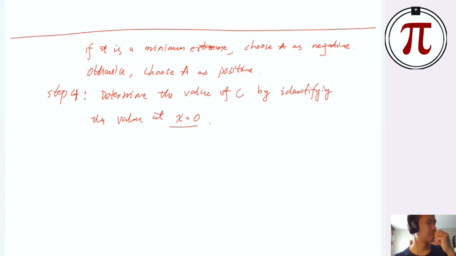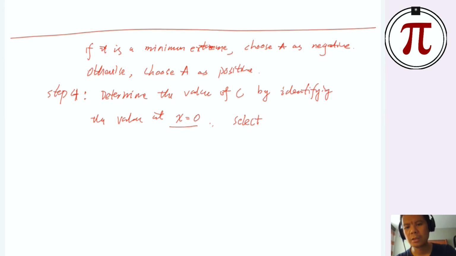Okay, so we will have that. All right, this is going to be step 4. For C, we just set x equals 0, and we solve for C. We plug in all the other ones, A and D and B, into the equation, and we just solve for C. Select the most convenient one.